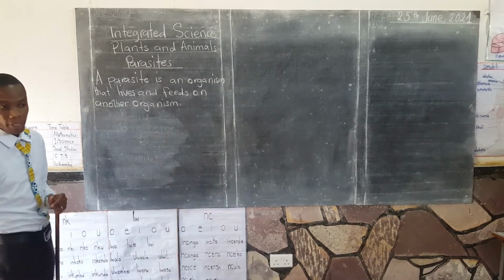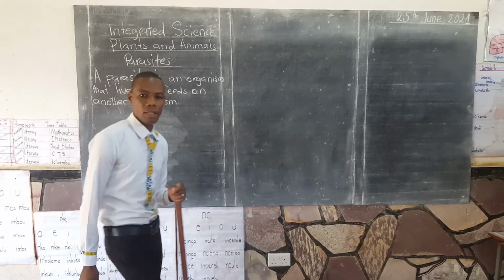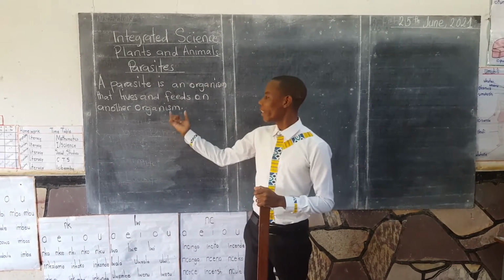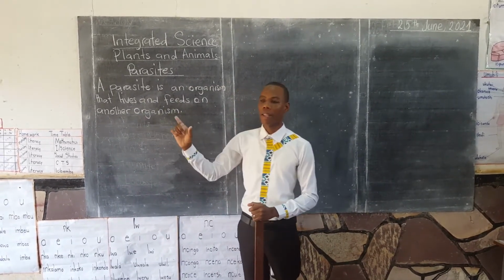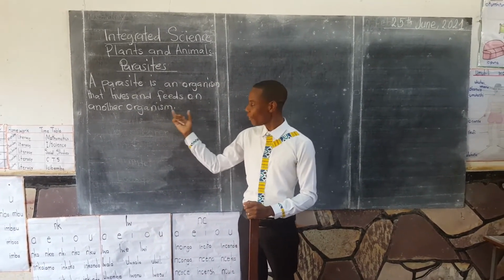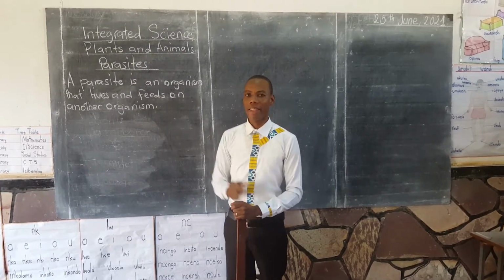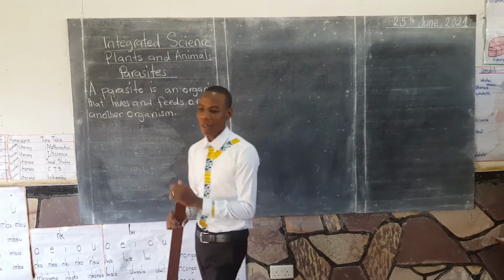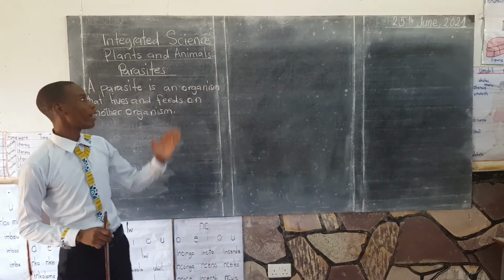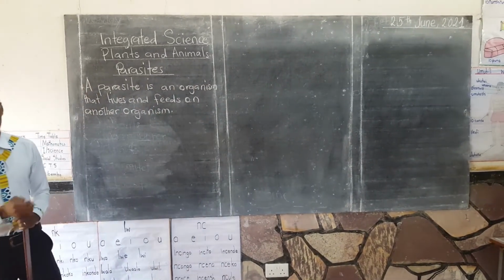That is what a parasite is. What this simply means is that it gets food from another organism. Apart from getting food, it also finds shelter on that other organism. Such an organism that behaves in that manner is what we are calling a parasite.